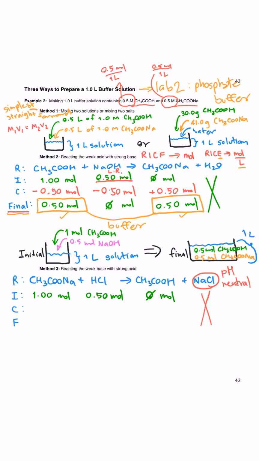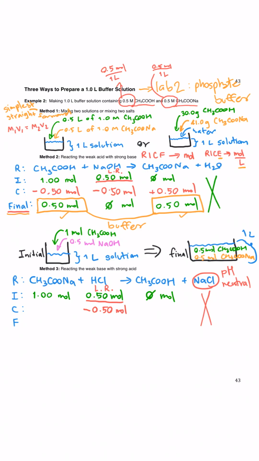And if you compare the number of moles of sodium acetate and hydrochloric acid, we can see that the number of moles of hydrochloric acid is less than the number of moles of sodium acetate. Therefore, hydrochloric acid would be the limiting reactant, which means that it's going to be all consumed, so it's going to decrease by 0.5. It's going to be used up.